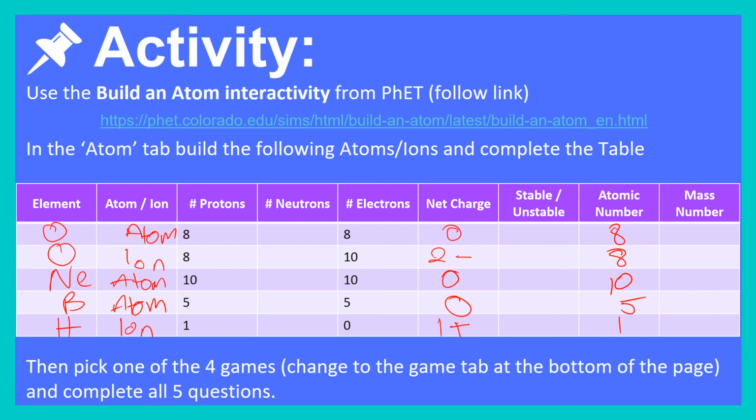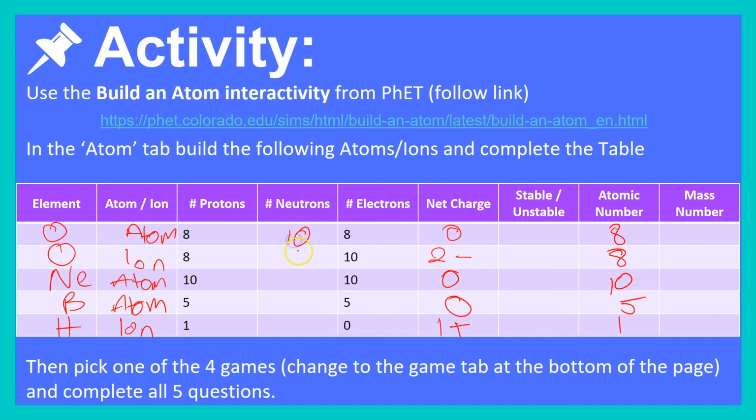Now, for these other 3 columns, the number of neutrons, whether it's stable or not, and its mass number, the last 2 are all tied to how many neutrons you have. Whether it's stable or not, and its mass number, all comes down to how many neutrons you put in. So I'm going to fill in the values I grabbed. You might have done something different, that's fine, but this is what I did and how it came out for me.